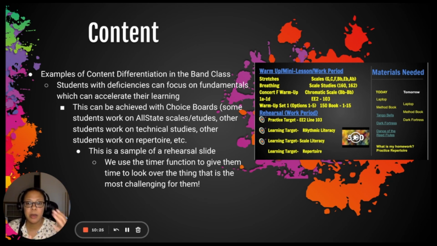That practice target typically comes from something at the top of the rehearsal slide, and sometimes it comes from the repertoire, but most of the time it is something technical. And for kids that can do that, they always know that they can jump down to the repertoire and work on that during their 5 minute work time if they have mastered whatever our practice target is for the day.